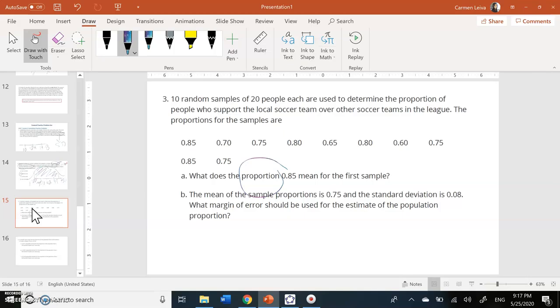They're asking you for the margin of error. Hopefully by now you figured out how to find it. It's very simple to find the margin of error. If you were paying attention in the previous slides, you would know automatically, in your head, in 2 seconds, what the margin of error is.